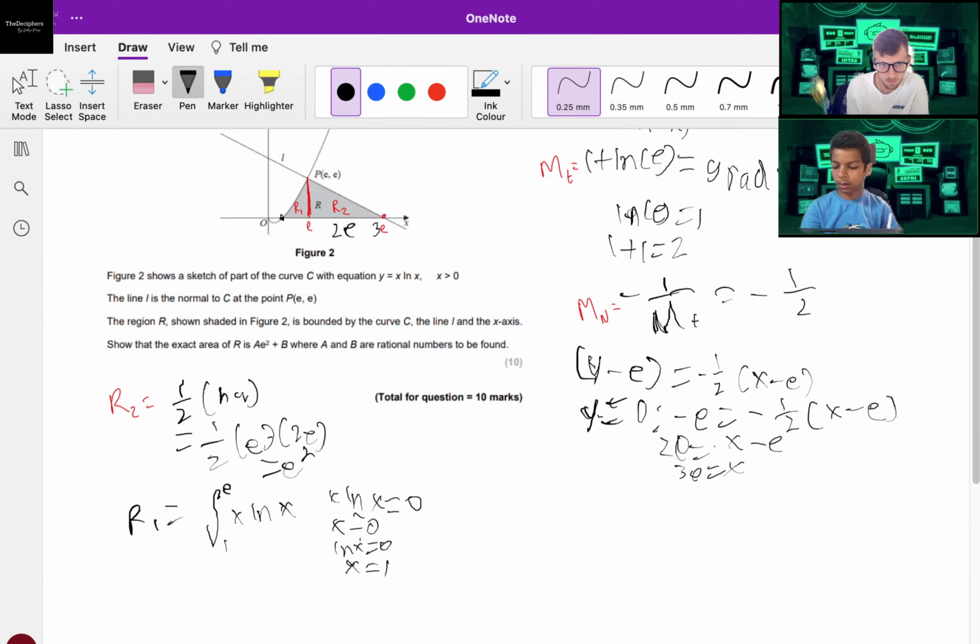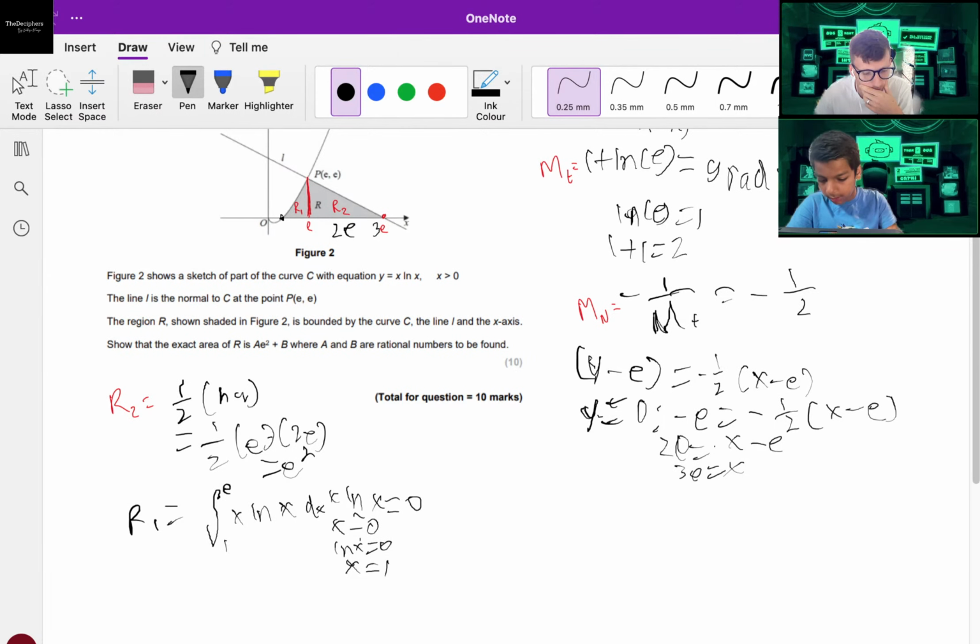Then I think we need to use integration by parts, because that's two functions multiplied together.